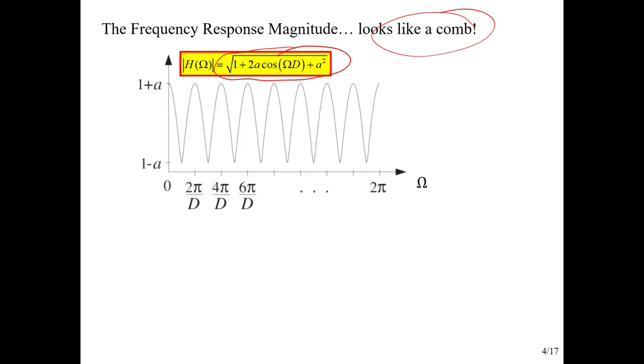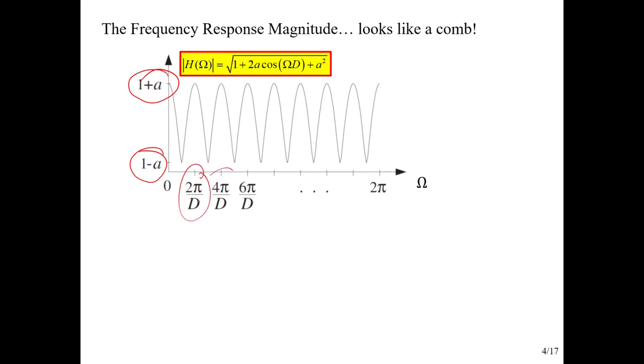If we analyze this, we can see that the largest value that it will take is 1 plus a, and the smallest value that it will take is 1 minus a. So remember, that is only assuming that the a is limited between plus and minus 1 in that case. And we also see the locations of the peak.